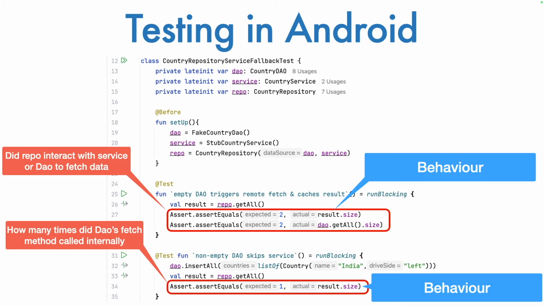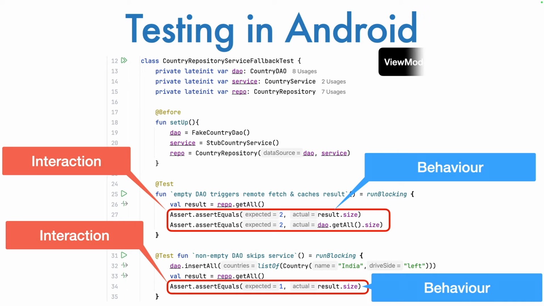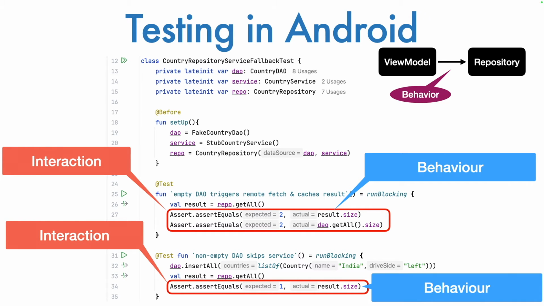But we were not able to really test the internal interaction that is happening. And here we were just talking about the repository, which talks with the DAOs and services. When we look at the interaction between the view model and the repository, of course you have to test the behavior, but what also becomes very critical is testing interaction.